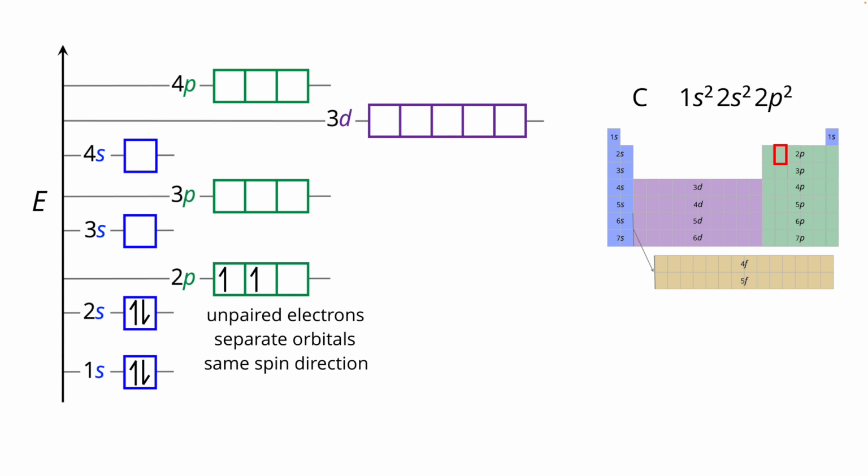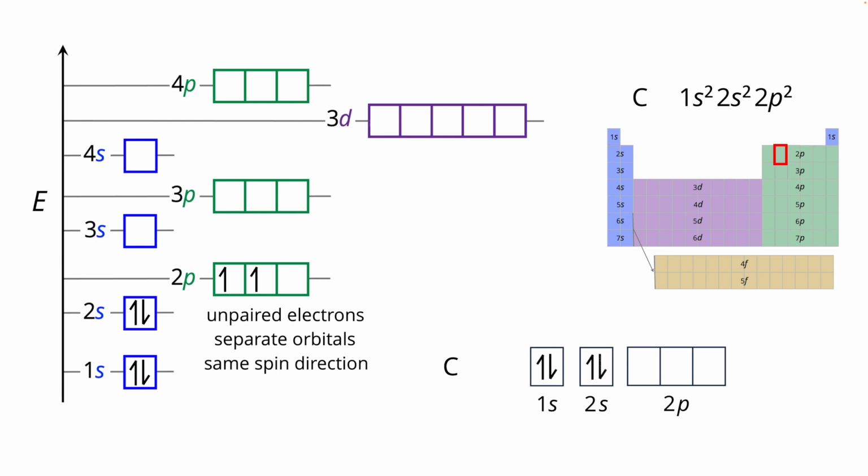We've filled in the electrons into the orbital boxes, and now we'll write our orbital notation by simply doing this horizontally. 1s2, 2s2, 2p2, and notice we show a little more information because it shows clearly that the 2 electrons in the 2p subshell are in separate orbitals with the same spin states.